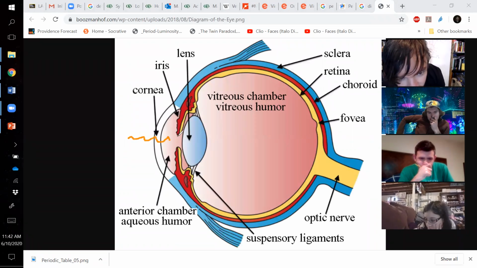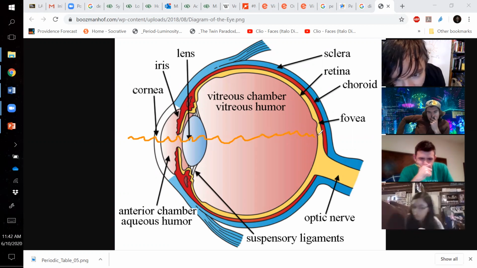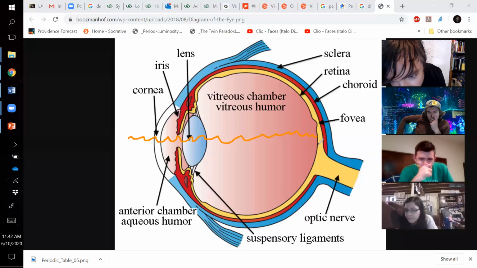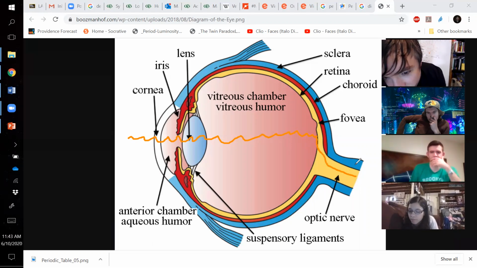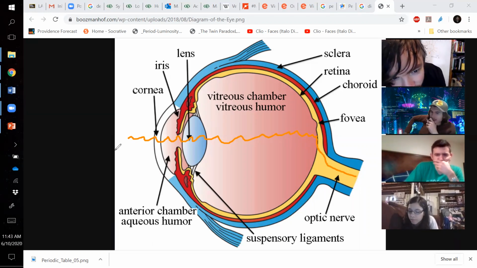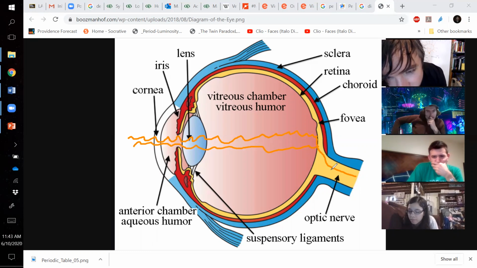Squiggle, squiggle, squiggle, squiggle. And they hit the back wall of your eye called the retina, where the energy is converted into some kind of electrochemical potential. A little axon gets fired and your brain says, orange sherbet ice cream, my favorite. So you're converting the energy of the photon into an electrochemical signal.